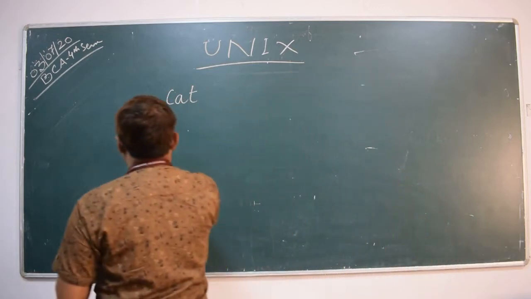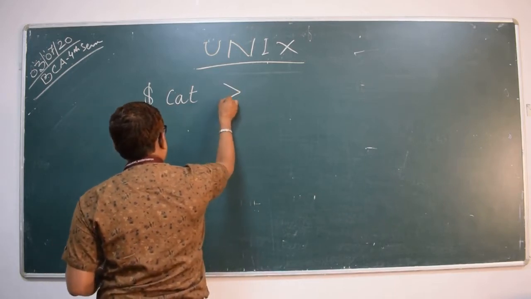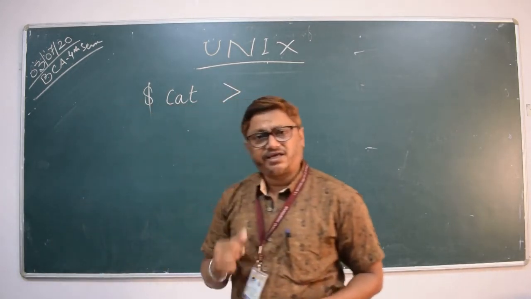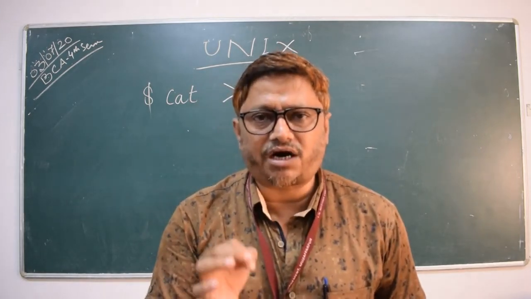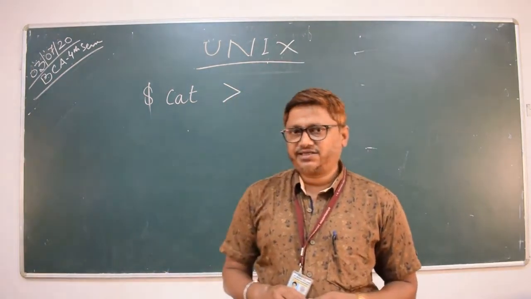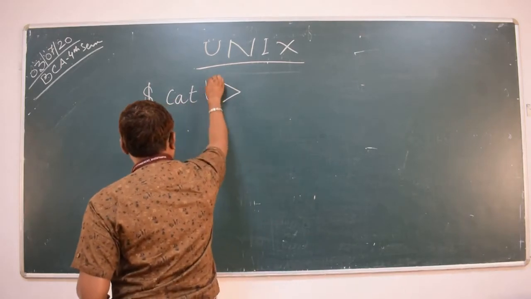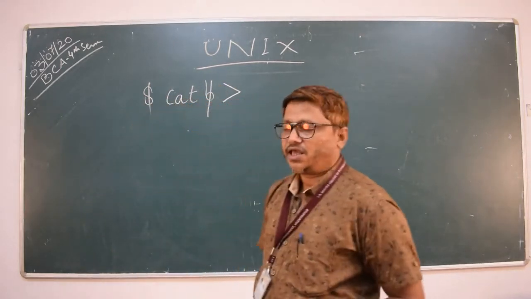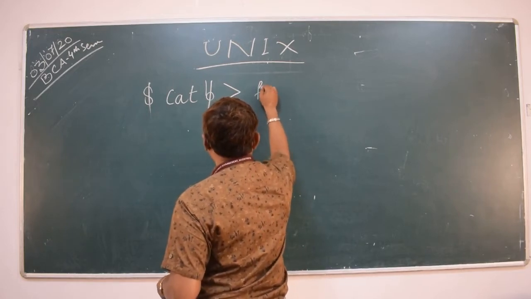Now first of all, how to create a file on Unix. At the $ prompt, type cat, then the greater than symbol. This greater than symbol is called the redirect output operator. After cat, use a blank space, and then assign the file name.